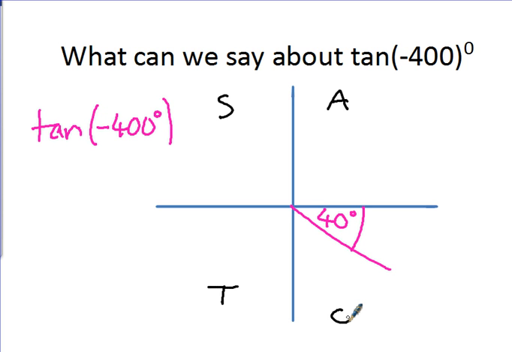Now, as we're in the fourth quadrant, it's only cos values which produce positive values. So this tells me that tan of minus 400 degrees is going to be the same as tan of 40 degrees, which is illustrated, except it's going to be minus because it's in the fourth quadrant. So tan of minus 400 degrees will be the same as minus tan of 40 degrees.